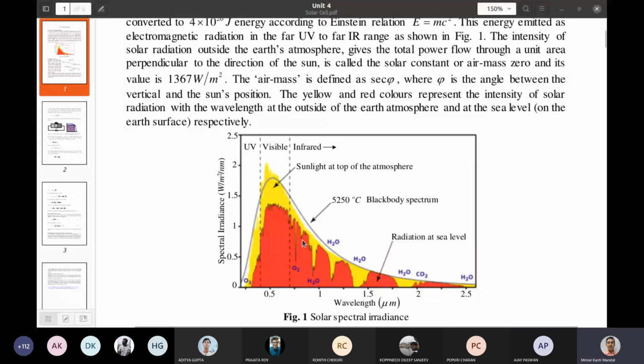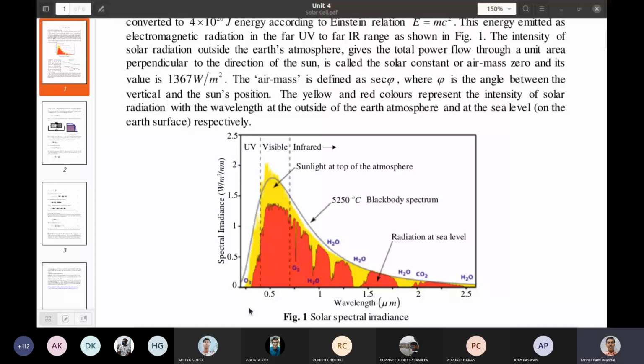Now within this range, what is available to us, this particular wavelength we can use, and accordingly we have to design the solar cell to capture this particular wavelength region and convert it into electrical energy.